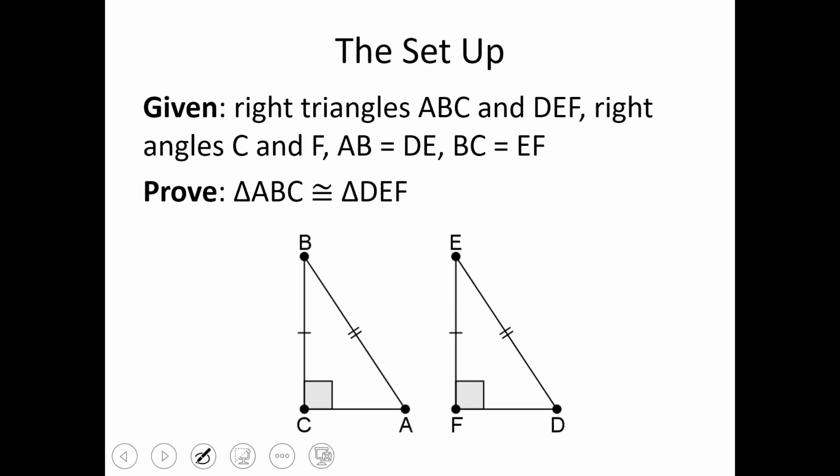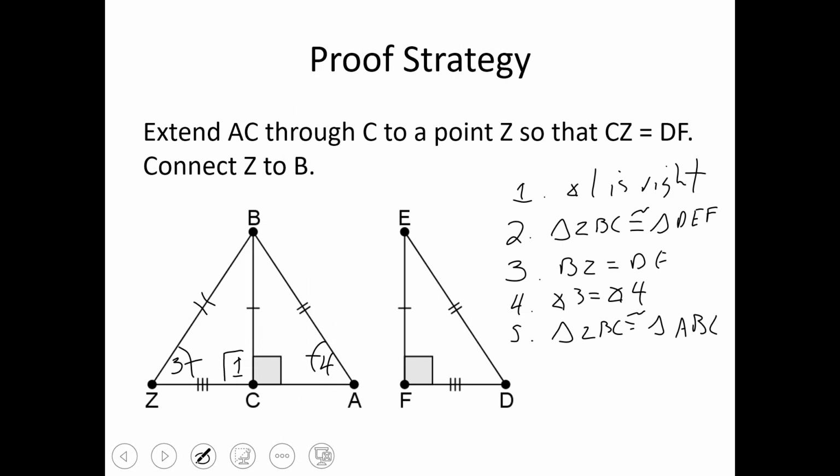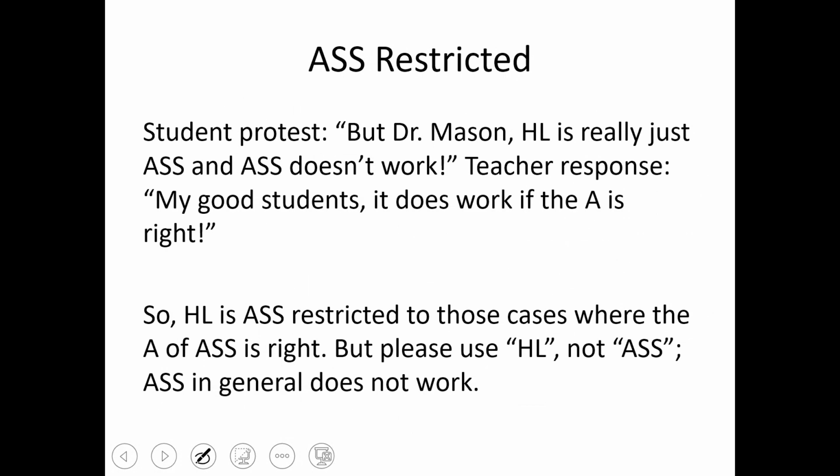So yeah, ASS is a correct description of the equalities of angles and sides, but yet I request that you not call this ASS, okay? Because we know that there are counterexamples to angle side side, okay? So angle side side, what this means is that angle side side sometimes works and sometimes does not work.